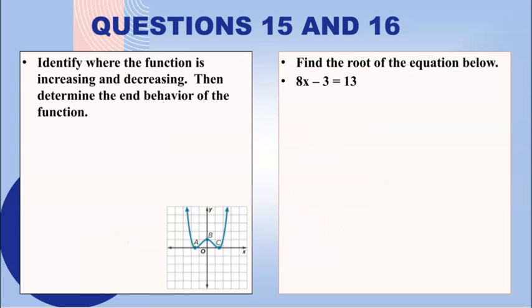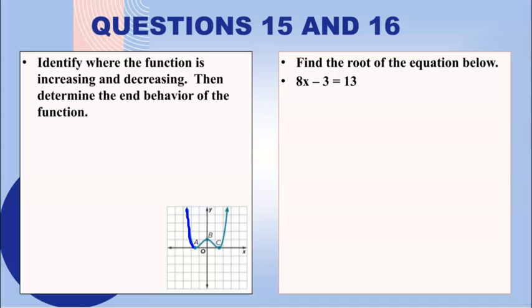Question 15. Identify where the function is increasing and decreasing, and then determine the end behavior of the function. So you always determine the increasing, decreasing from left to right. So from here to here, it's decreasing. So that's going down from left to right.